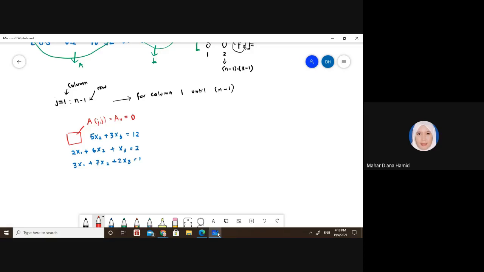So remember that in order for us to factorize the second line, we are going to factorize the second line by 1 divided by A11. I don't want to actually confuse you.